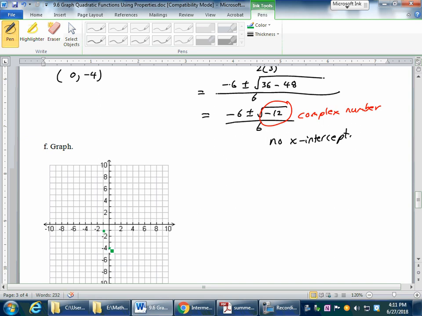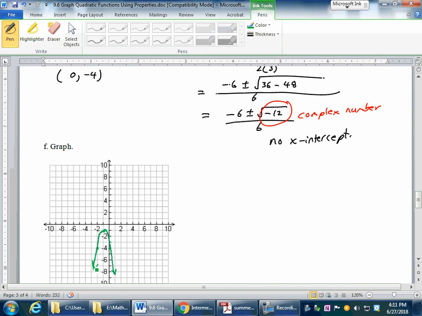And using the symmetrical idea, you notice that from the vertex, it goes to the right 1 unit and then down 3 units. So therefore, I can also find another point quickly by symmetry. From the vertex, it moves to the left 1 unit and then goes down 3 units, which is another point right there. So with this, I can quickly sketch my parabola.